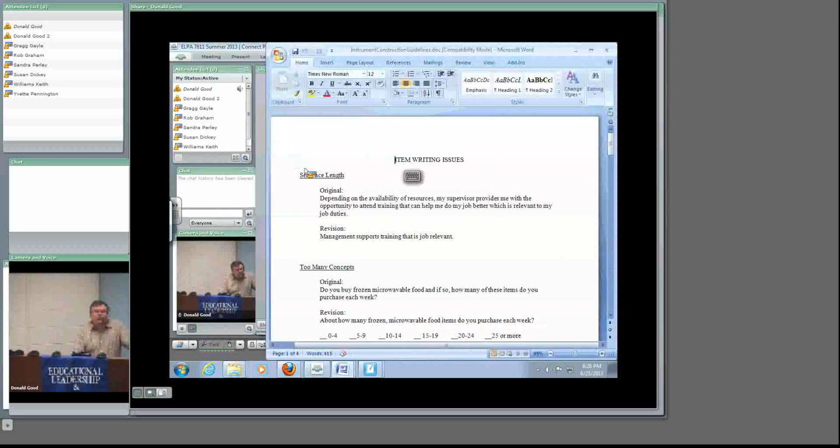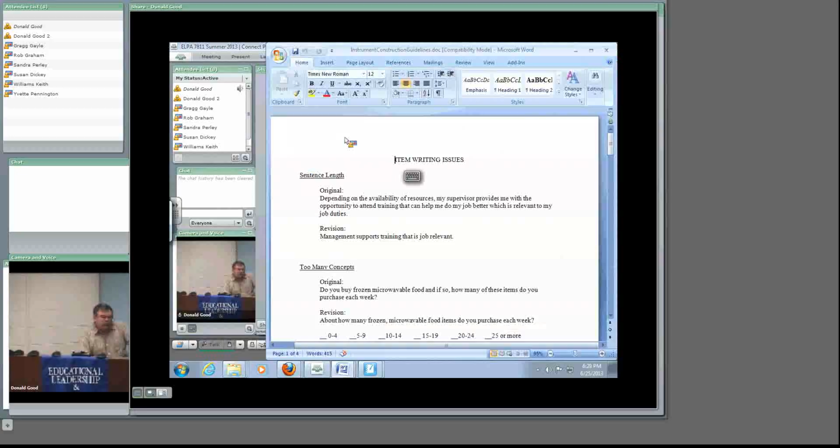First, pay attention to sentence length. I've got some examples here for these issues that show you how something was originally written and how it can be better revised. For example, here's my original sentence. This might show up on a Likert scale where you respond on a 1 to 5 scale from strongly disagree to strongly agree.